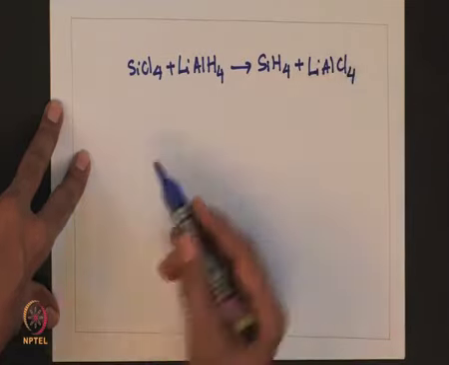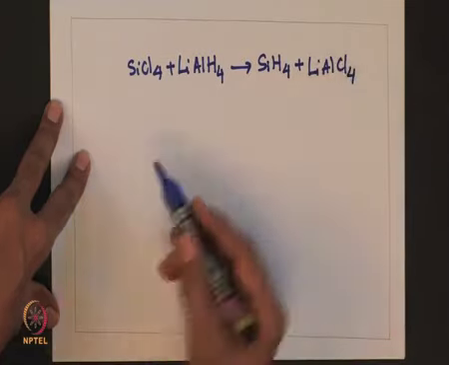In case of germanium, instead of using germanium tetrachloride, one can conveniently use directly germanium oxide, and the same reducing agent, lithium aluminum hydride, can be used here. This leads to the formation of germane or GeH4, and LiAlO2 is formed, and these are homoleptic hydrides.